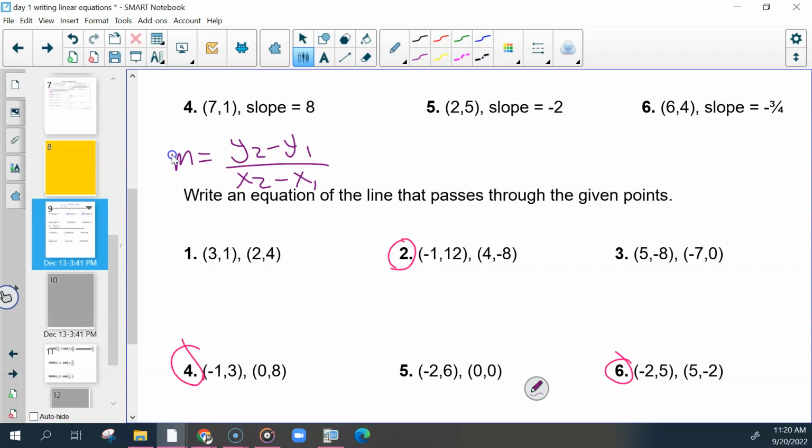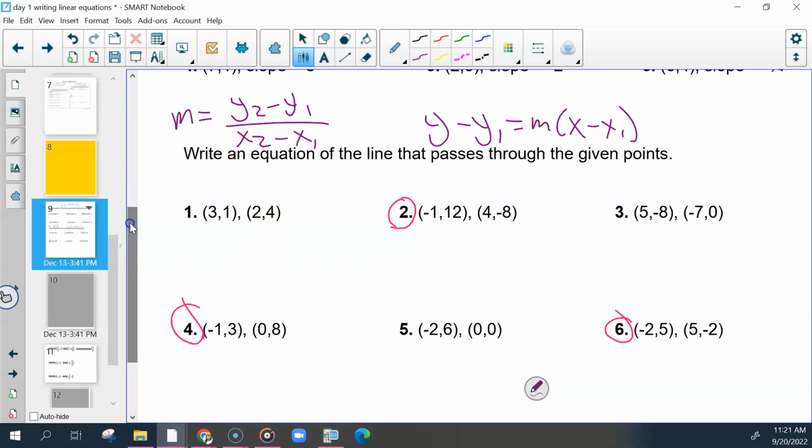I know you have this at the top of your page, so you don't have to rewrite it, but I'm going to. Y minus y1 equals m times x minus x1. So we're going to be using our slope formula and our point-slope formula to figure this out.